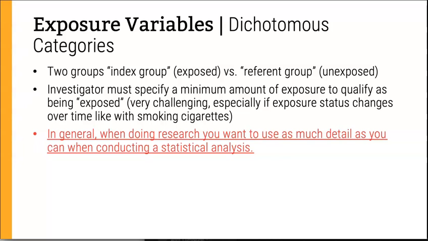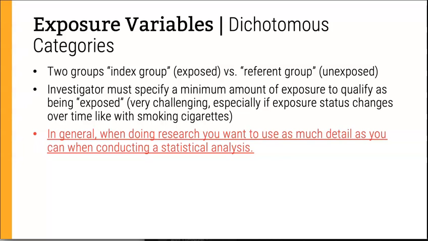Without going into too much detail, if you've taken statistics before, you'll have a better understanding of this. Essentially, the more variability in your data, the better off you'll be. So you don't want to use a dichotomous variable unless you absolutely have to. In general, when doing research, you want to use as much detail as you can.